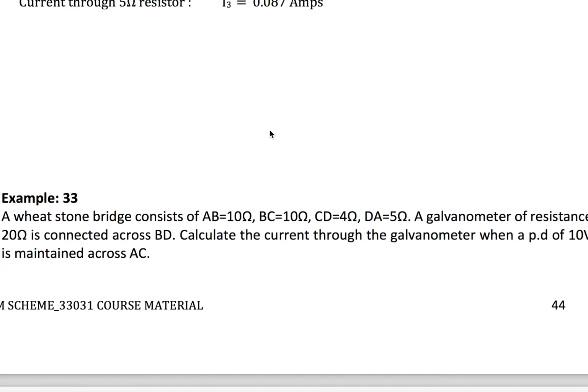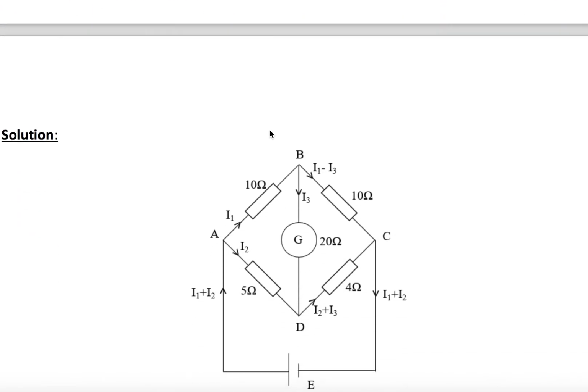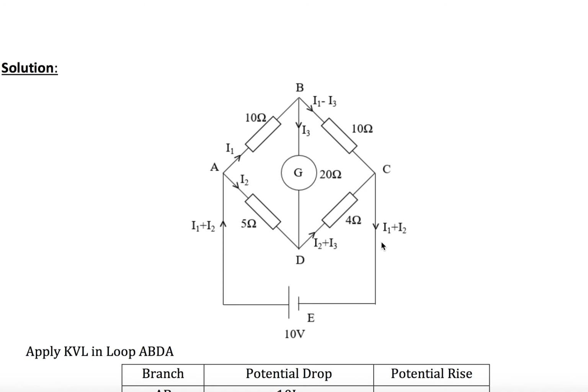So a Wheatstone bridge again consists of AB is this, BC is this, CD is this, DA is this. Galvanometer of resistance 20 ohm is connected across BD. Calculate the current through the galvanometer when a potential difference of 10 volts is maintained across AC. So this is the figure. Like every time we took I1 plus I2 here, I1 flowing like this, I2 is flowing like this.